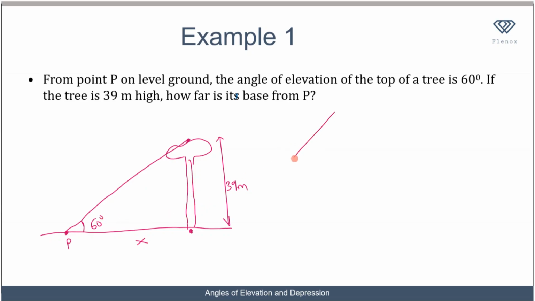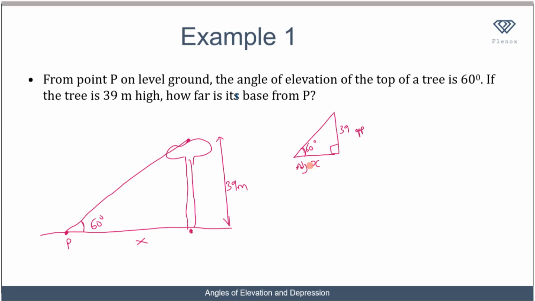So now I can convert this into a right angle triangle. And what does that become? It's just like having a right angle triangle in which here is 90, here is 60 degrees. The height of the tree, which is this length over here, is 39. And I'm told to find the distance over here, which I'll call X. So if this is the angle 60 degrees, I know that this will be my opposite and this will be my adjacent side.